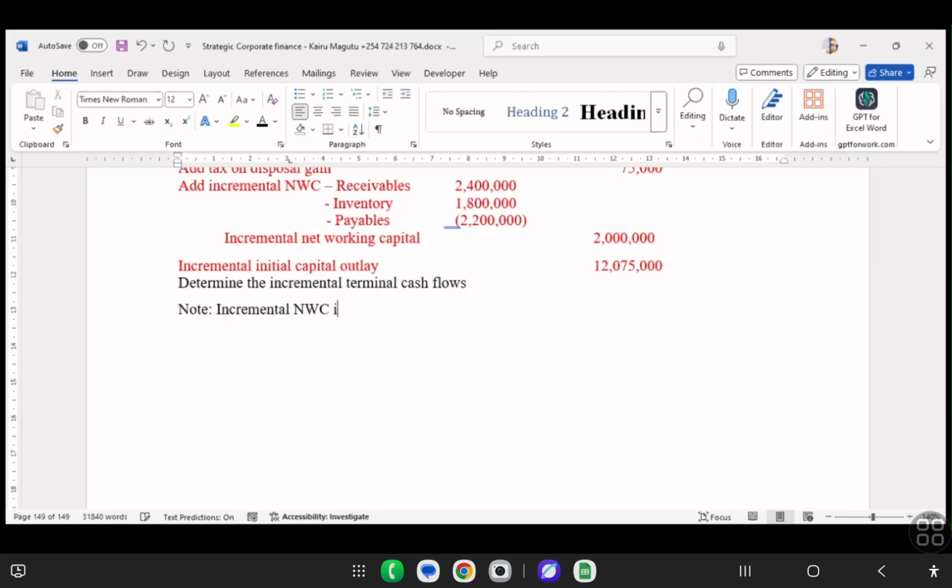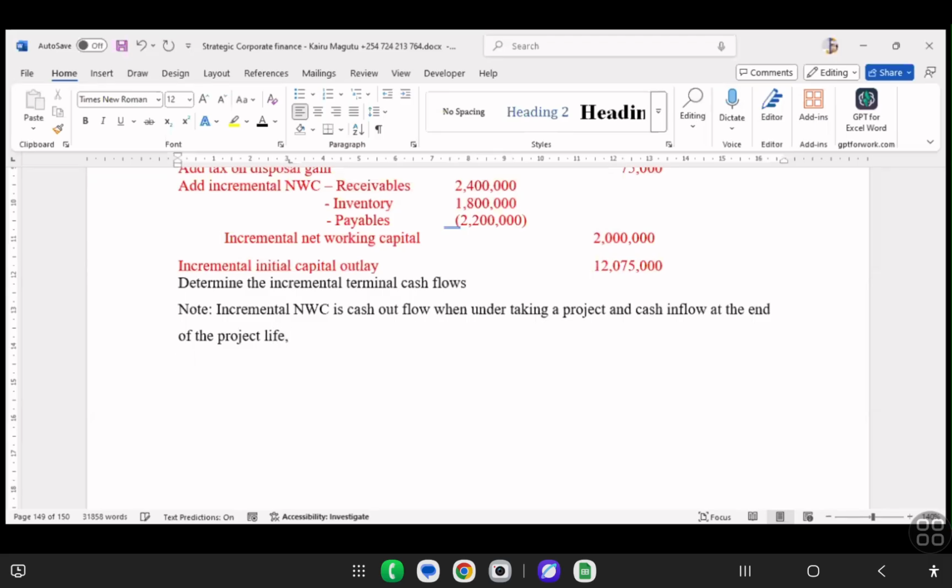net working capital. Net working capital is a cash outflow when undertaking a project, and a cash inflow at the end of the project life.